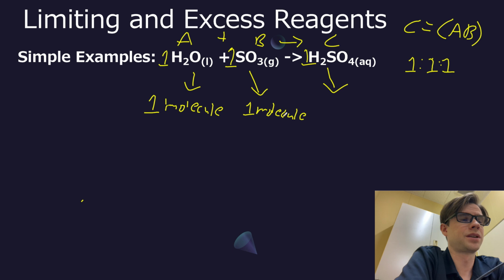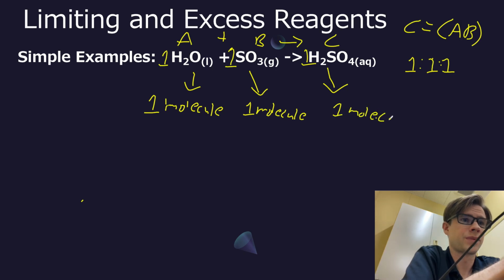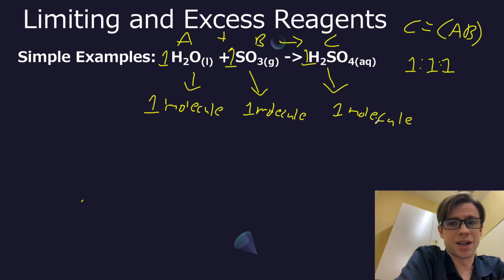How much product can we make? Well, the balanced chemical equation tells us that if we have 1 of each, we can make 1 molecule of products. So in this case, we actually had exactly the amount that the balanced chemical equation is telling us will happen. So we can just follow these numbers.